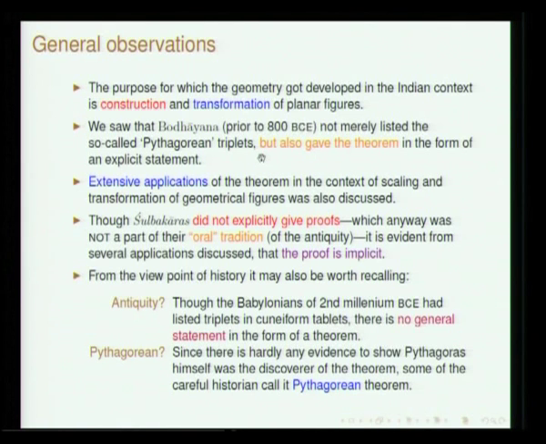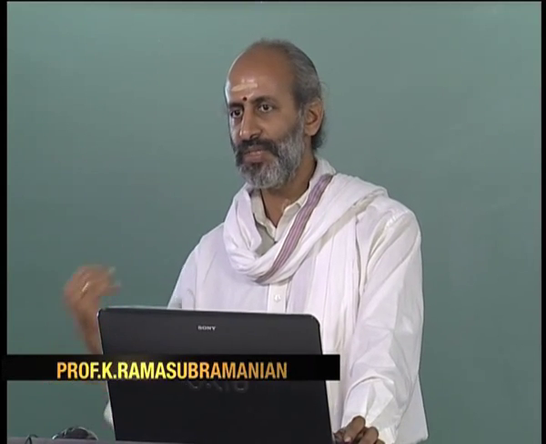in other civilizations. And I also demonstrated how Bodhayana would have arrived at the different triplets which have been mentioned by him, and how the proofs of these sutras are implicitly involved in the procedures which have been delineated for various constructions or transformation of one figure into another figure.